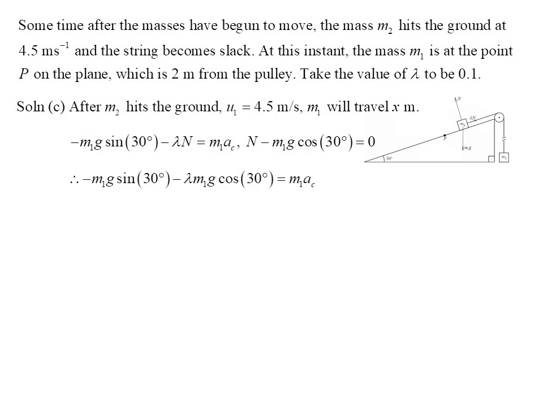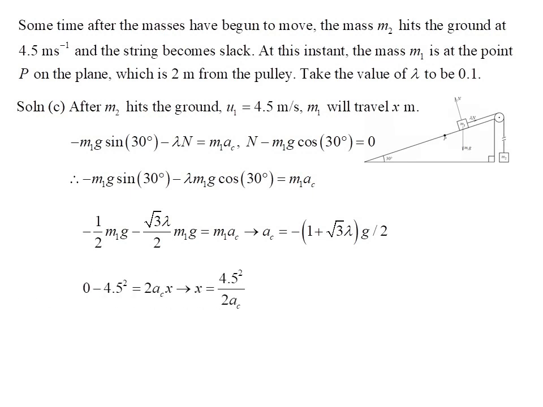After substituting m1g cosine 30 degrees for N, it becomes negative m1g sine 30 degrees minus lambda m1g cosine 30 degrees equals m1 a sub c, which becomes negative m1g over 2 minus square root 3 times lambda m1g over 2 equals m1 a sub c, which gives a sub c equals negative (1 plus square root 3 times lambda) times g over 2.